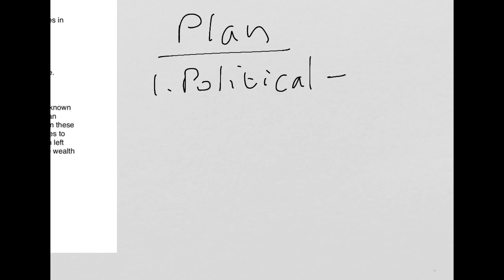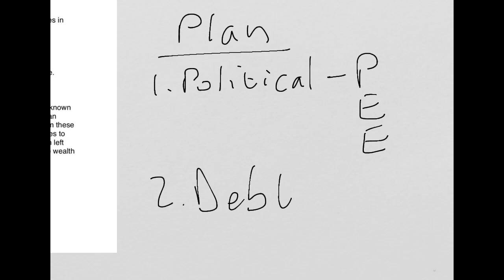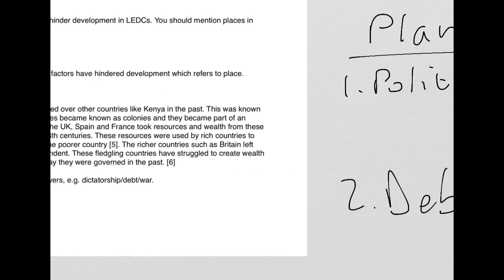So I would choose that political factor, and then I would make my point, explain, expand, and we can see in there that we make reference to places like Algeria. The second point, explain, expand I would use in this answer is the debt point, which talks about Ecuador borrowing $3 billion from the USA in 1970. So again, we've got a point, explain, expand, and we're referring to two fact-figure places throughout.